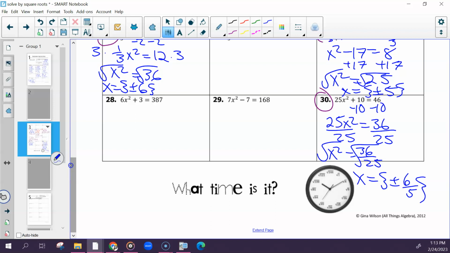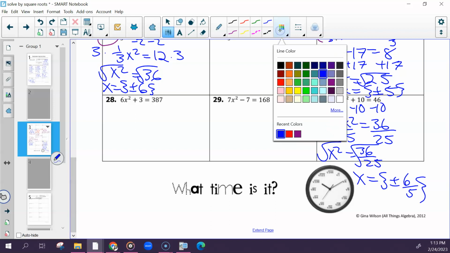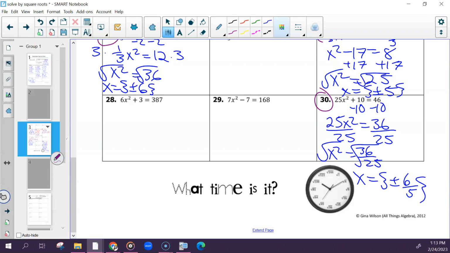So I'm going to rewrite 27 down here, so you see what happens if we were to distribute first.